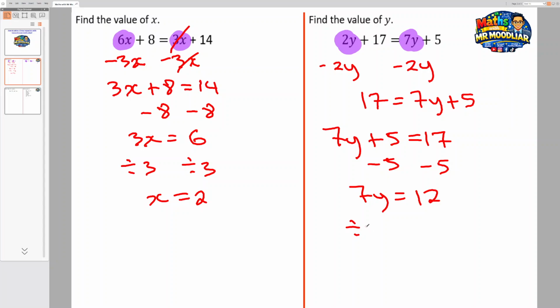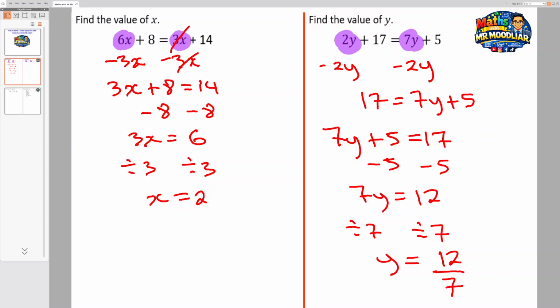And then divided by 7, divided by 7. We have y is equal to 12 over 7. Leave it as a fraction. If you want to write it as a mixed number, that's completely fine, but I'm going to keep it as an improper fraction for now. Again, just a quick summary on this one: step one, we need to identify the smallest value of x, and the smallest value of y.